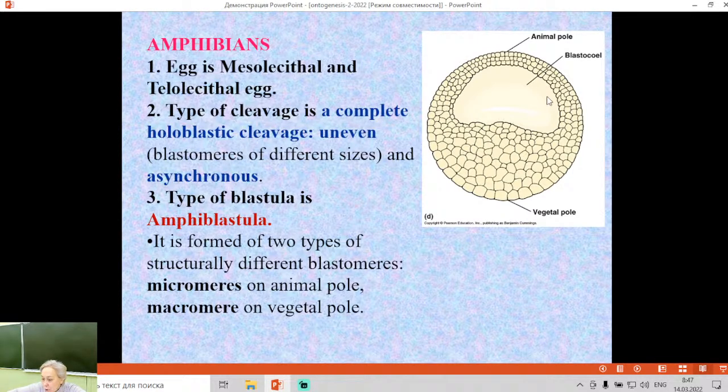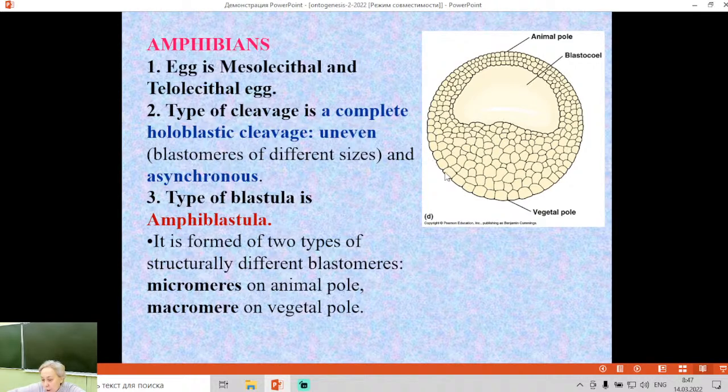The animal pole of the egg is cytoplasm without yolk, and cytoplasm without yolk divides faster than cytoplasm with yolk. So on the animal pole you can see a lot of small blastomeres. These blastomeres are called micromeres.